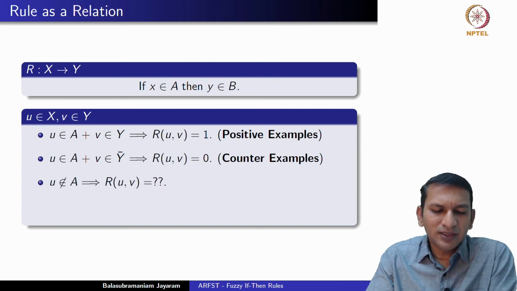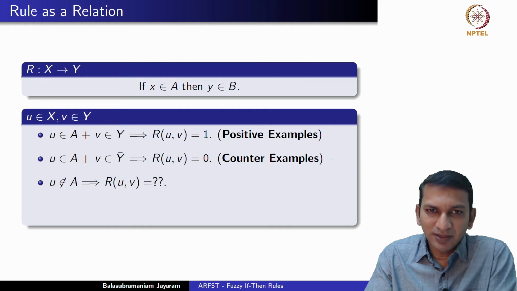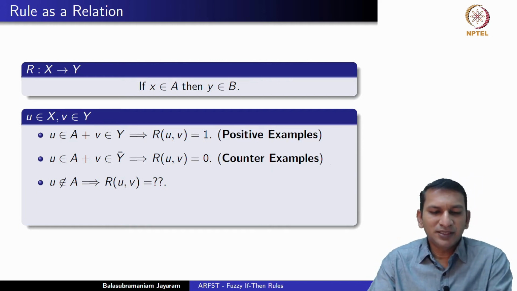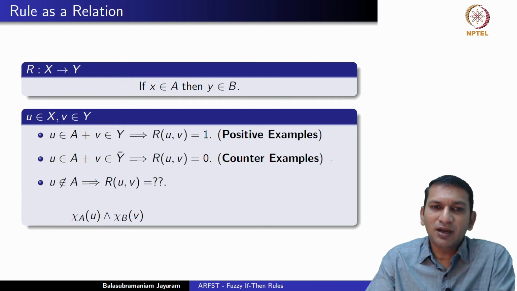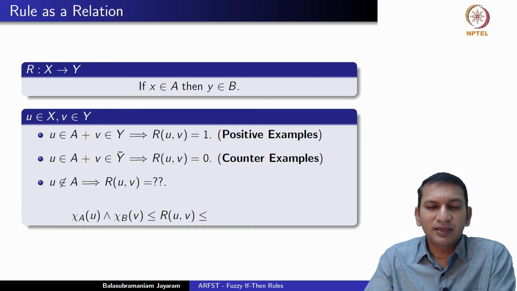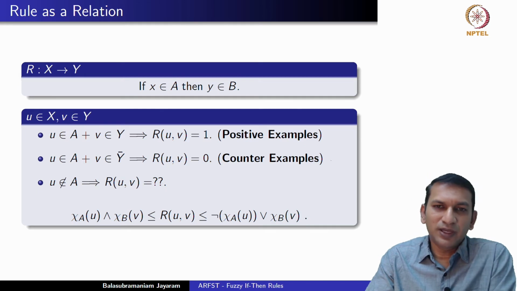Now what happens when U does not belong to A? Then essentially R of UV is undetermined. These are the irrelevant examples. But from this scenario, what we can surmise is that R of UV is perhaps lower bounded by the conjunction of these two characteristic functions, and upper bounded by this value.